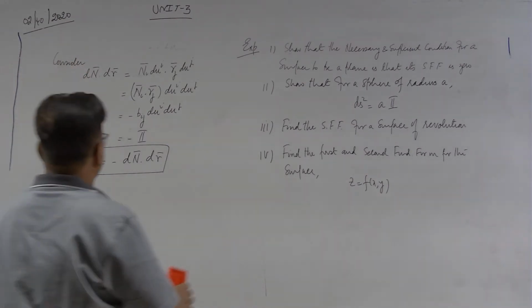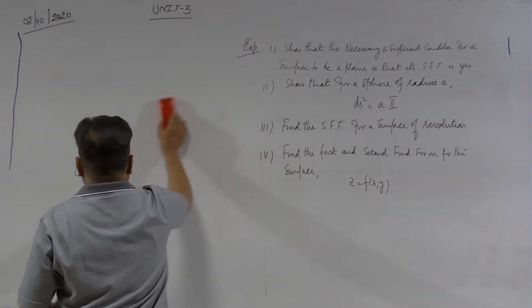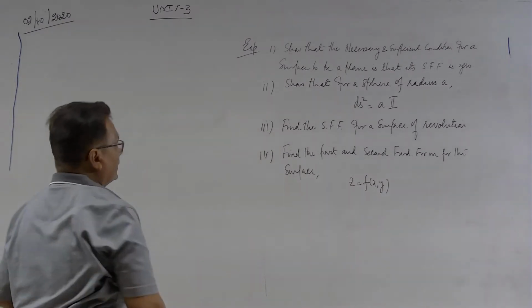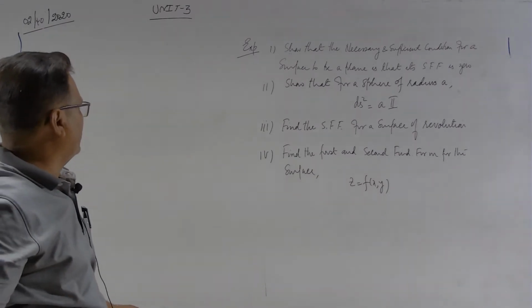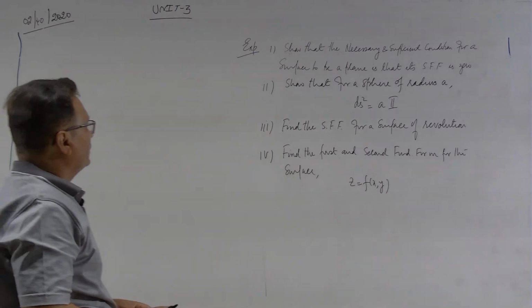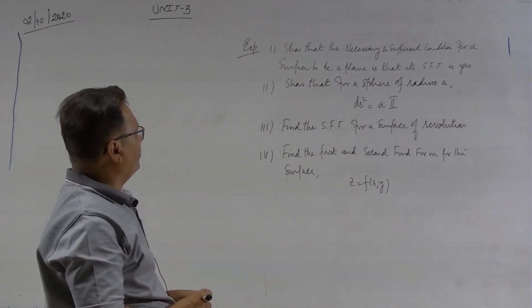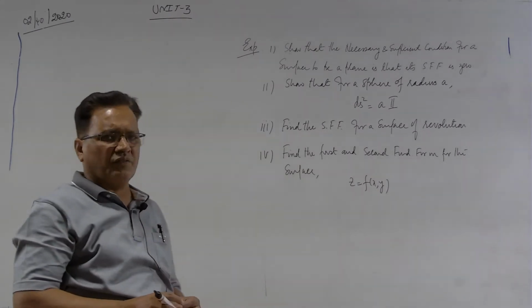So, let us solve these exercises. I will just give you a hint of these problems. Look at the first one. Show that the necessary and sufficient condition for a surface to be a plane is that its second fundamental form is 0.